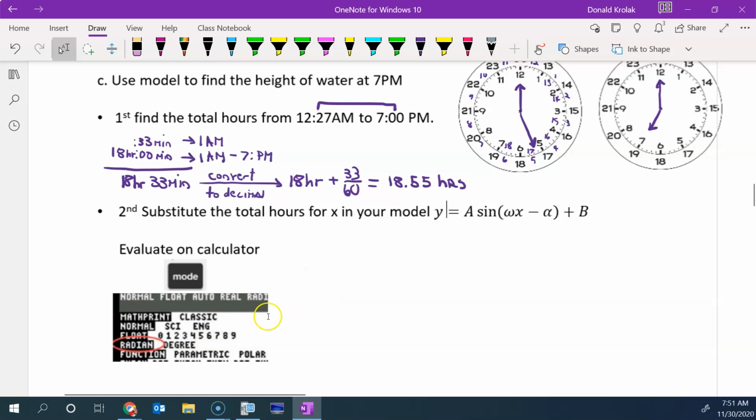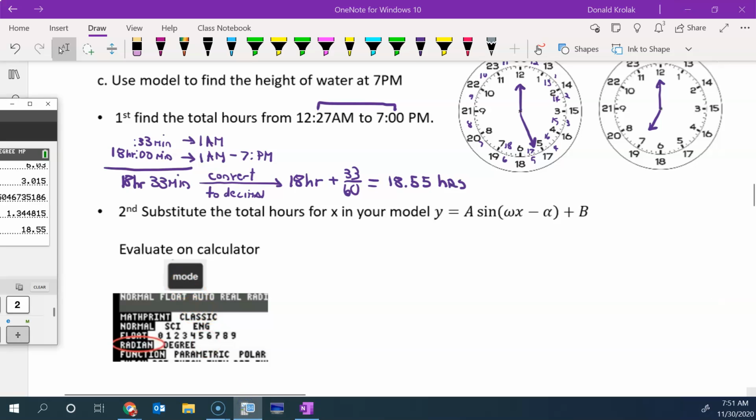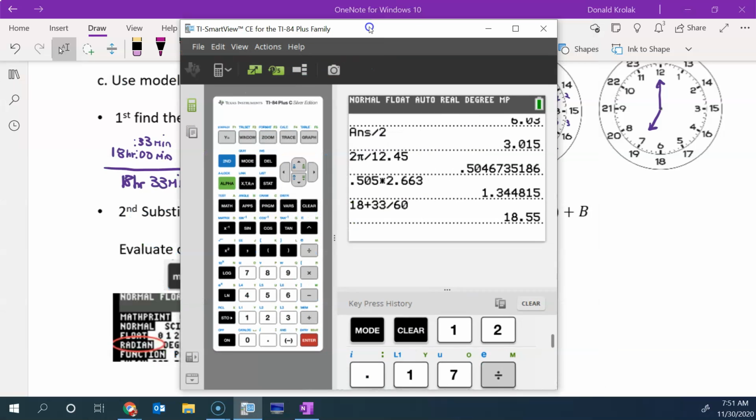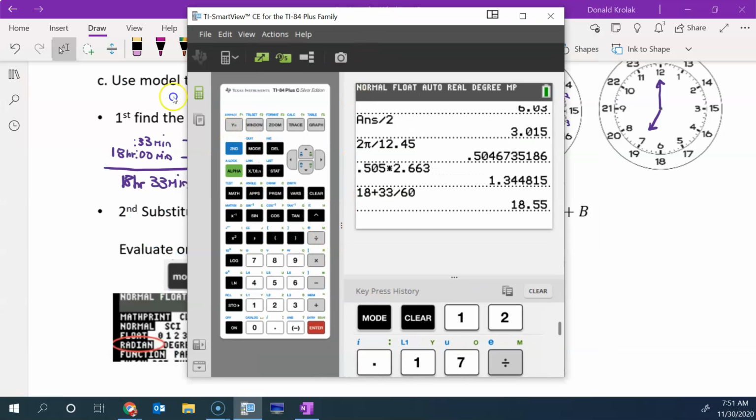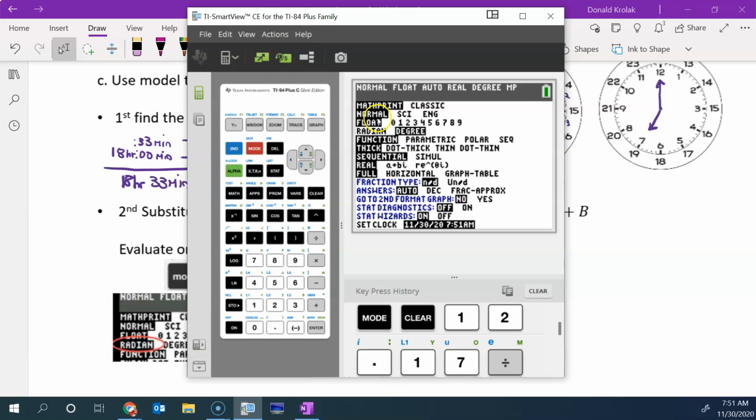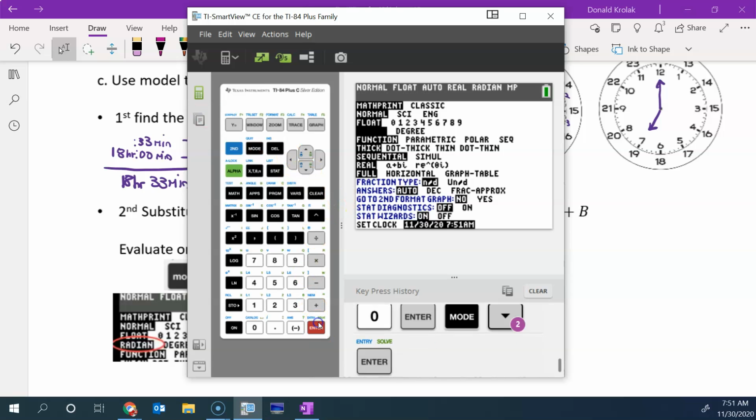Okay, so first thing you got to do, guys, when you're using your calculator, since we used 2 pi, you press mode and you make sure that here, see, mine says degree. I want to highlight radians and hit enter.